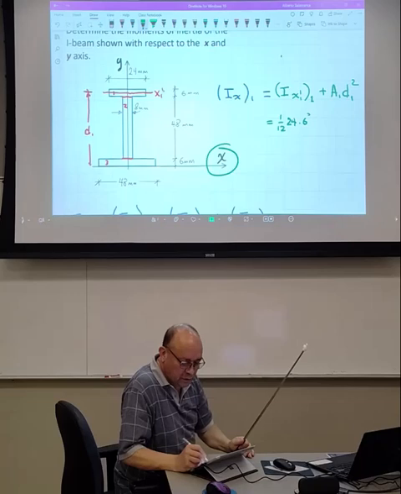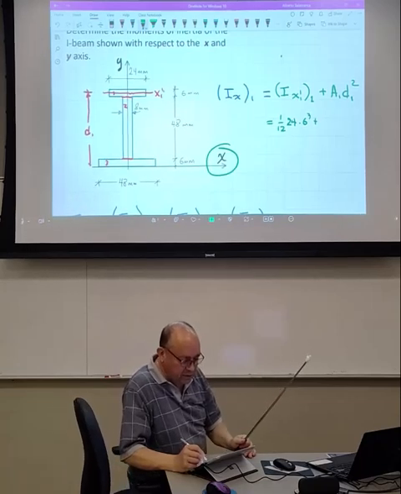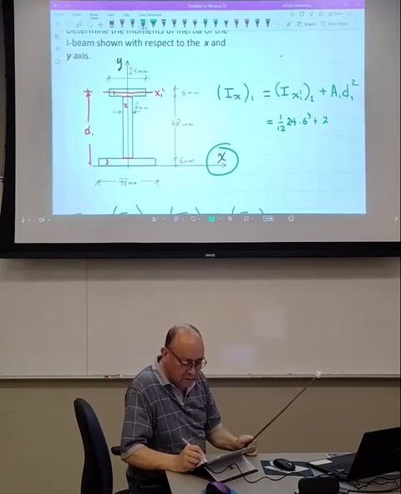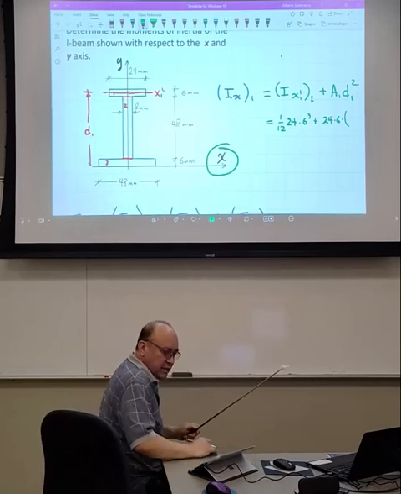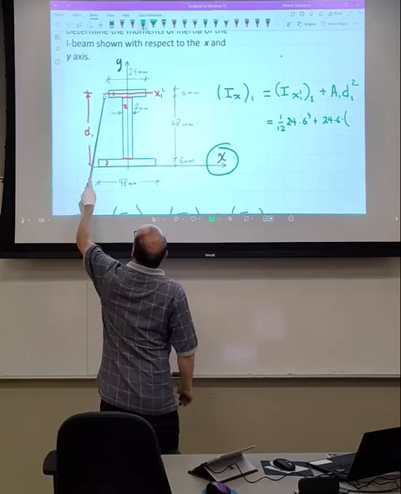6 cubed. Plus the area. The area is 24 times 6, times the distance squared. The distance d1 is the distance from this axis to this one.